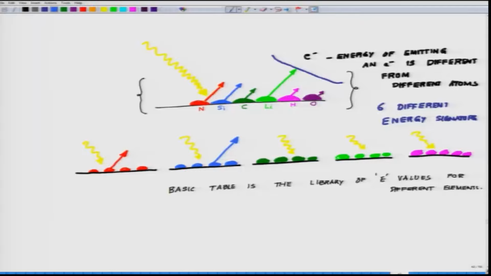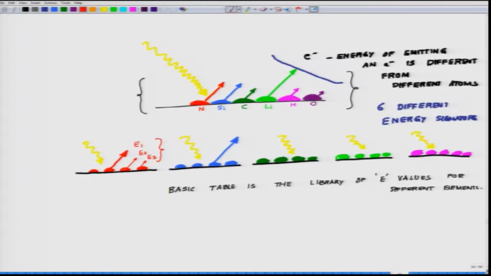Say I talk about the red here, say nitrogen: the speed with which the different electrons from nitrogen are ejected, from whichever orbital they come, mostly the outer orbitals of course, you can even go down and figure that out. It is that powerful a technique.